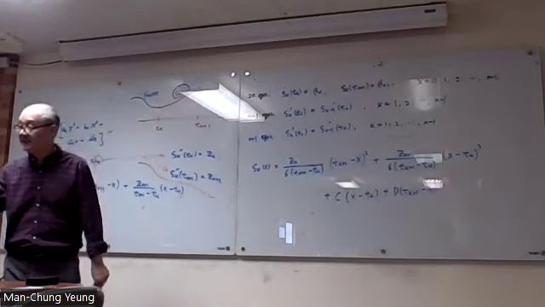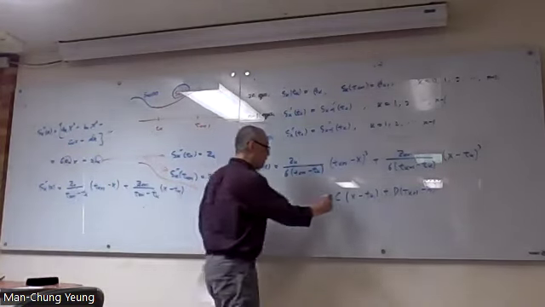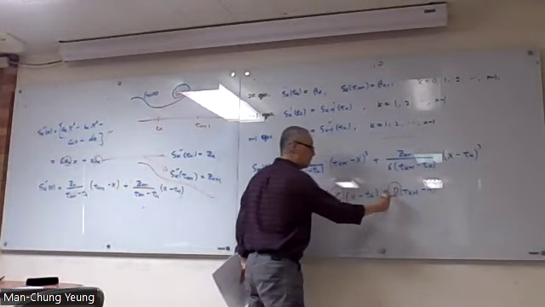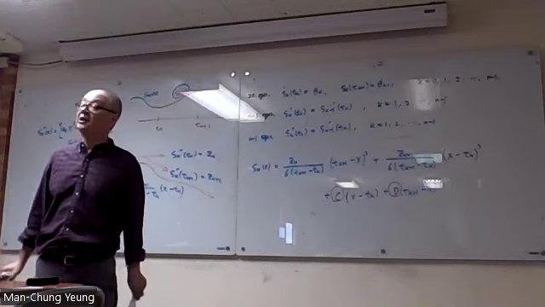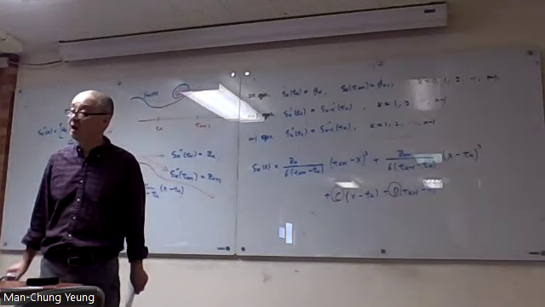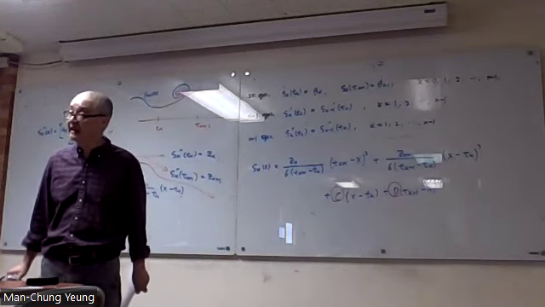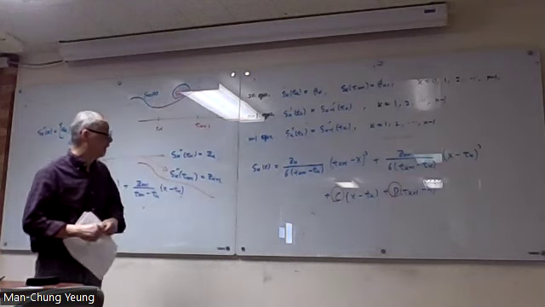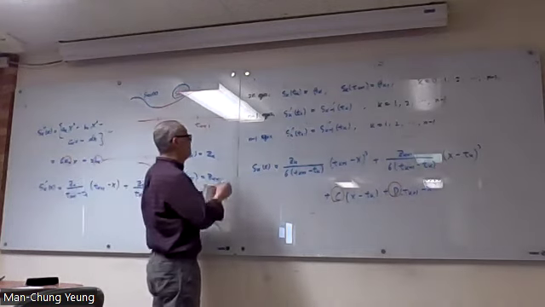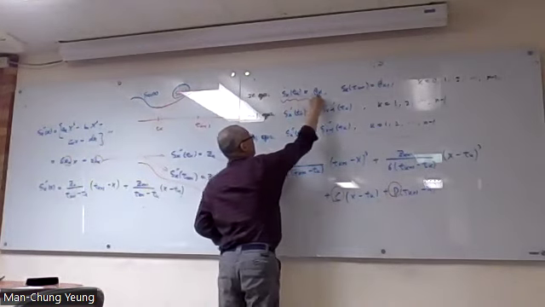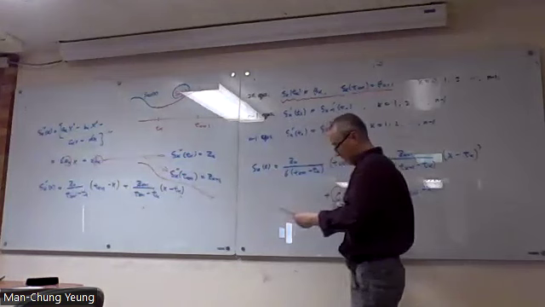What are C and D? Let me express C and D also in terms of Ck and Ck plus 1, using this condition.